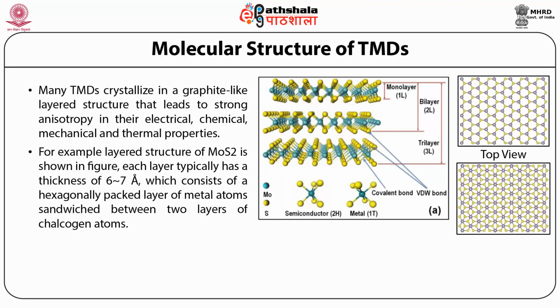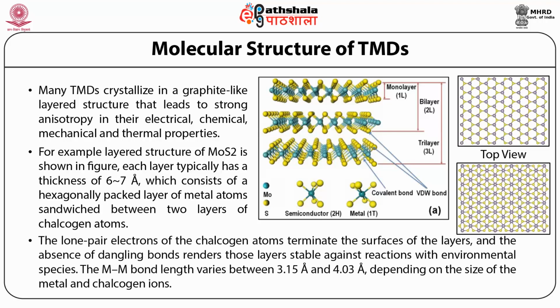The metal atom provides 4 electrons to fill the bonding states of TMDs, such that the oxidation states of metal M and chalcogen X atoms are +4 and -2 respectively.